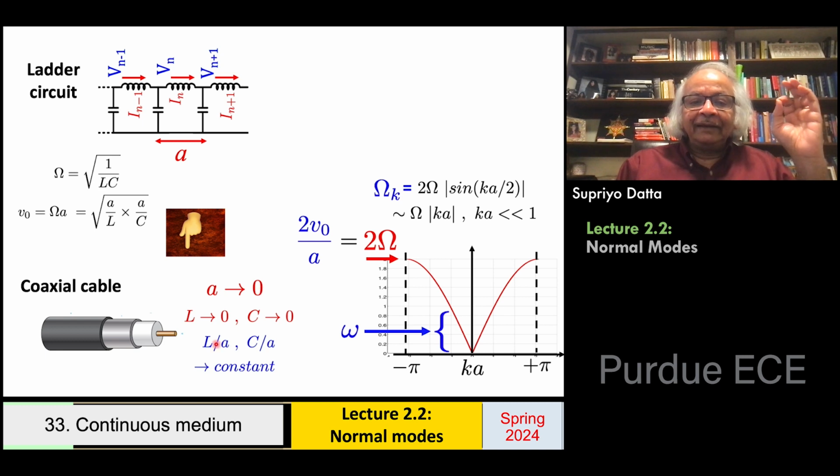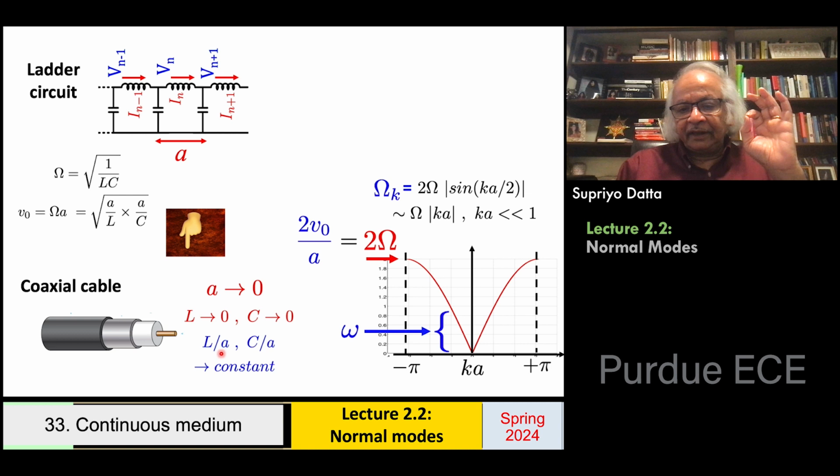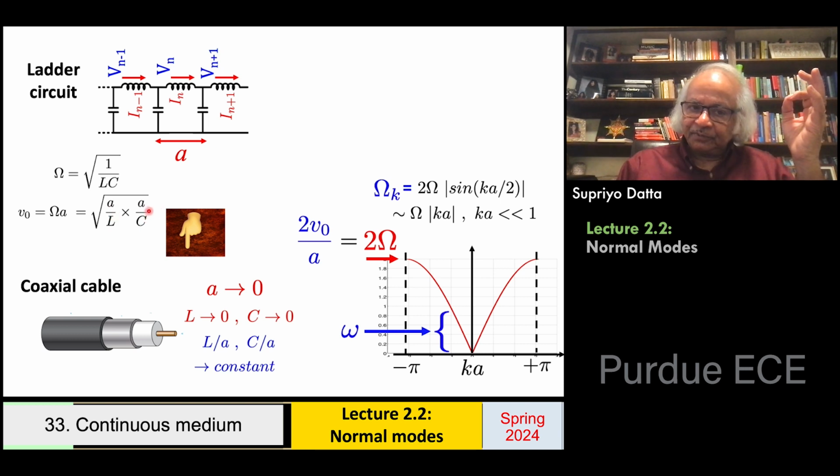But then, of course, as you make a smaller, the inductance and capacitance of each section also become small. But the inductance per unit length and the capacitance per unit length stay fixed, you see. And in that case, what is physically important is not so much this omega as the velocity, which is omega times a, because that then is the square root of 1 over the inductance per unit length times 1 over the capacitance per unit length.